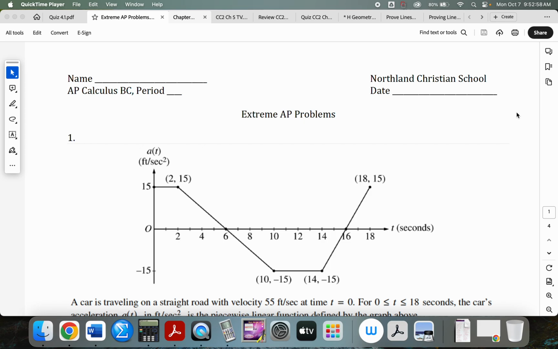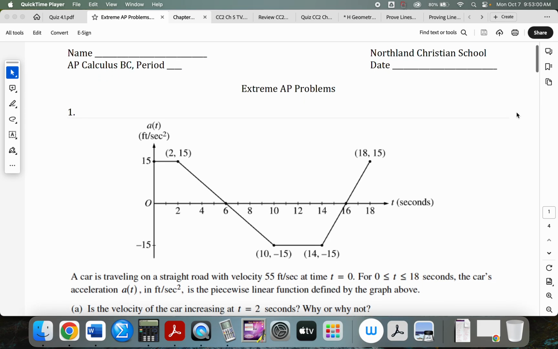So today, much like we did on Friday, we're looking at some examples of AP problems involving what we're studying currently. These are extrema that show up on AP problems. So let's take a look.